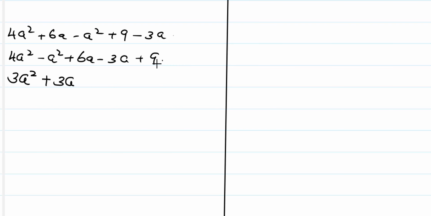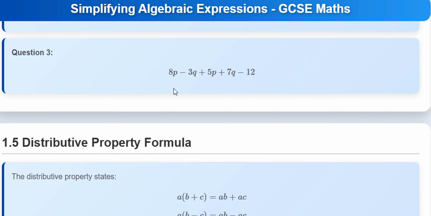This 9, we don't have another value to add or subtract, so it just remains the same. And that becomes the solution for this question. Can you try question 3 and see if you understand the logic before we move to the next concept of distributive property?